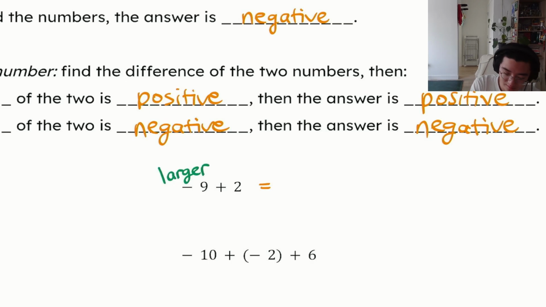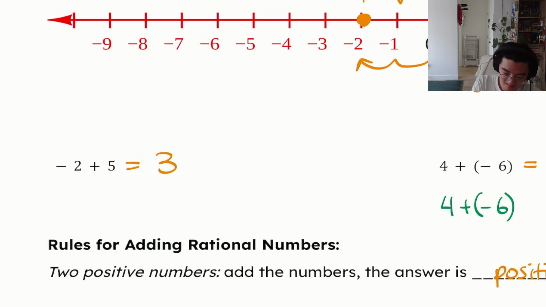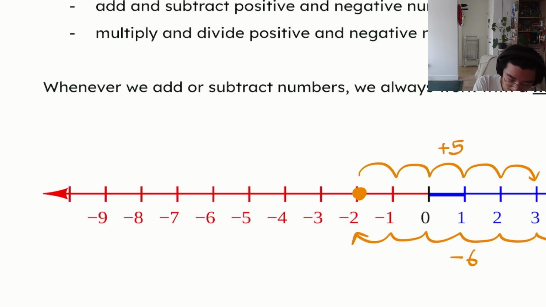So 9 minus 2 is 7, and because -9 is bigger, this answer will be negative. Okay, that's it, we're done. Of course, you can see it on the number line as well. If we are at -9, we add 2 to get to -7.